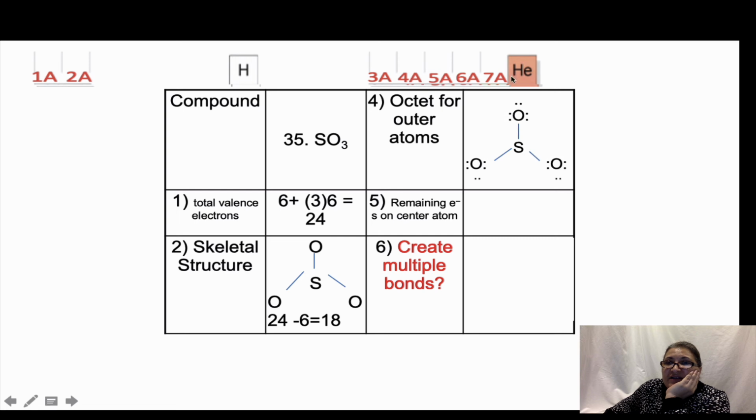We put 6 around each atom. Now this one, we satisfied the oxygen but not sulfur, so we pull a double bond for one of them. So 1, 2, 3, 4, 5, 6, 7, 8. That's okay. And 8 here, 8 here, and sulfur has 8.